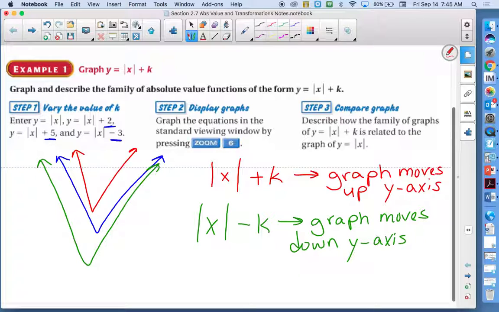So today we're going to look at that further and try and do it without the calculator, just by knowing that that number outside the absolute values represents a part of the graph that's going to move it up or down. So plus moves it up, minus moves it down. So that was the first group, and that value is called k, and we'll talk about that k value.